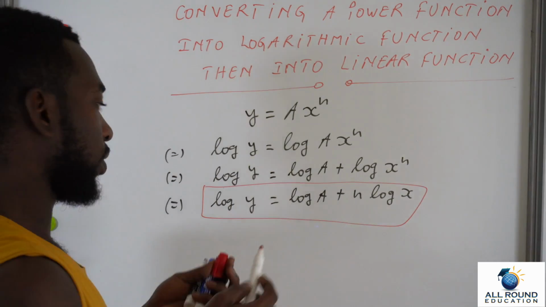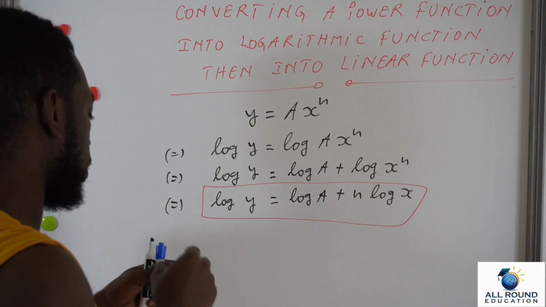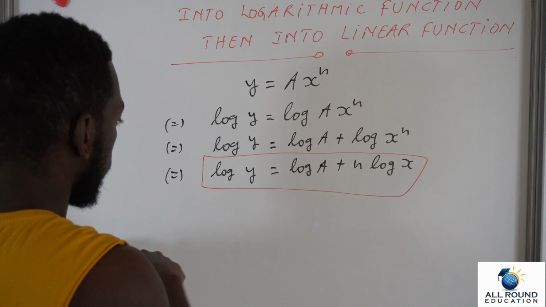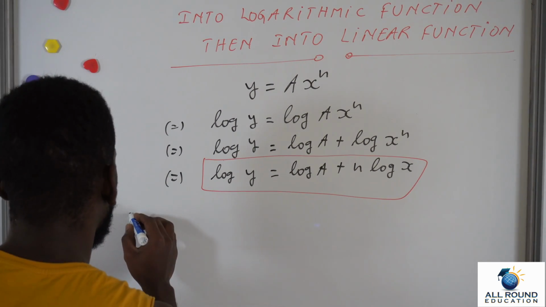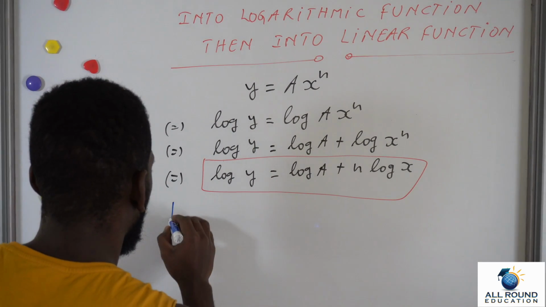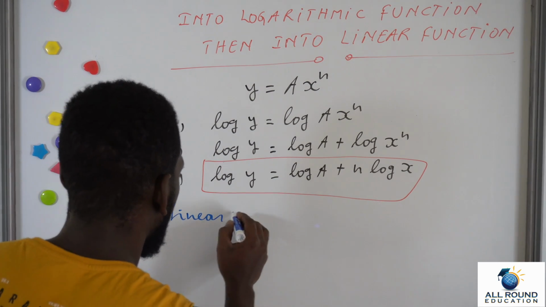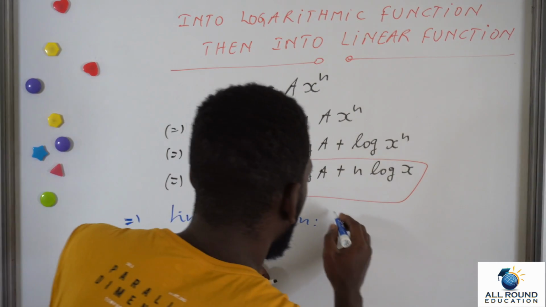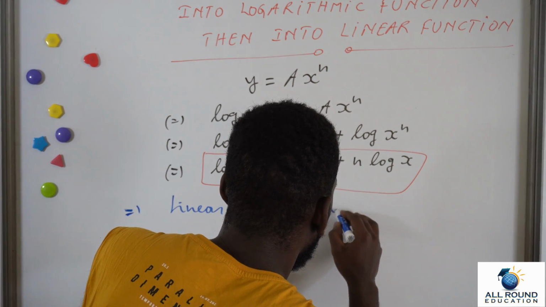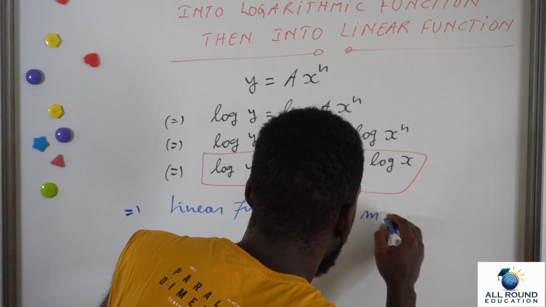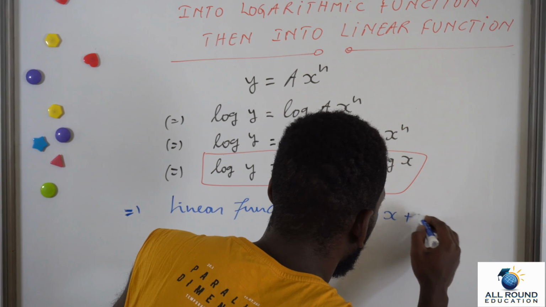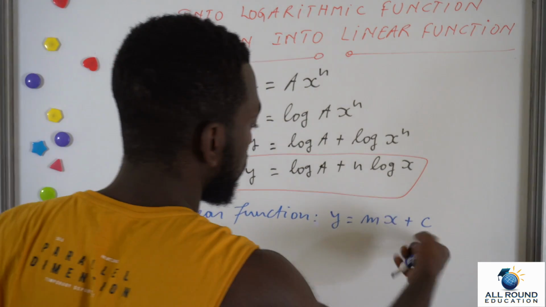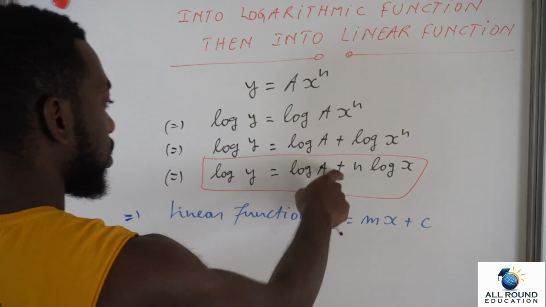Remember the equation of a linear function: y equals mx plus c, where m is the gradient, x is the variable, and c is a constant. Can we relate this to this equation?